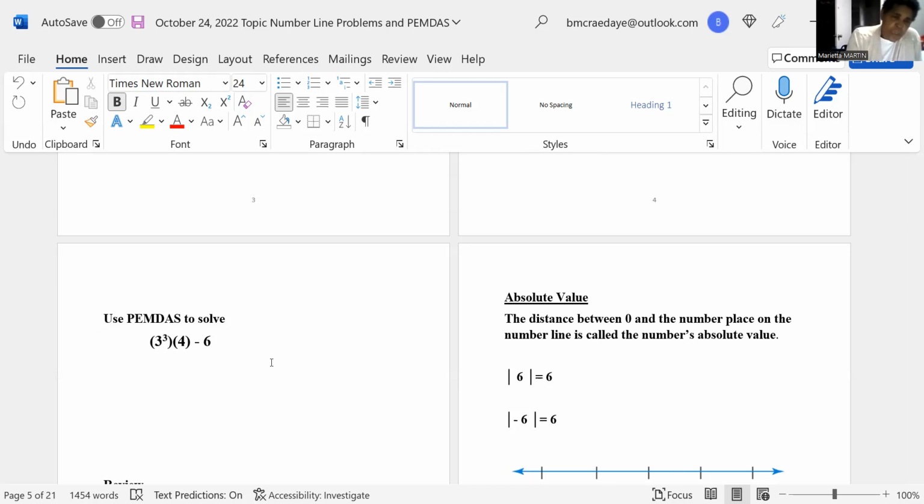Now I'm doing the 4 with the 27. Multiplication, right? Yeah. Okay. So do your multiplication, then do your division.